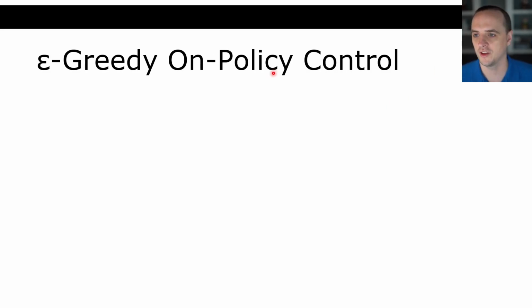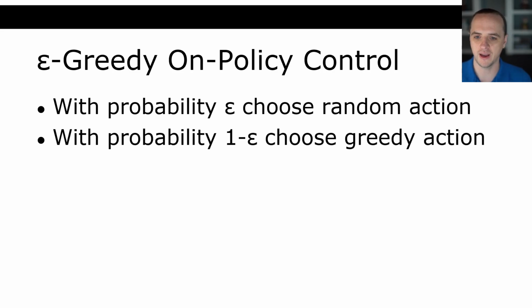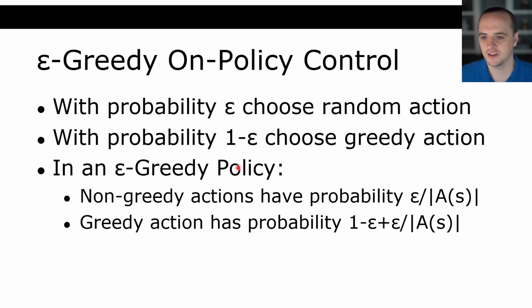So we would call this epsilon greedy on-policy control, right? With probability epsilon, we choose a random action at any state. With probability 1 minus epsilon, we choose a greedy action at the state. So in an epsilon greedy policy, non-greedy actions have probability epsilon divided by the number of actions, and greedy actions have probability 1 minus epsilon plus the chance that they could be chosen randomly, right?